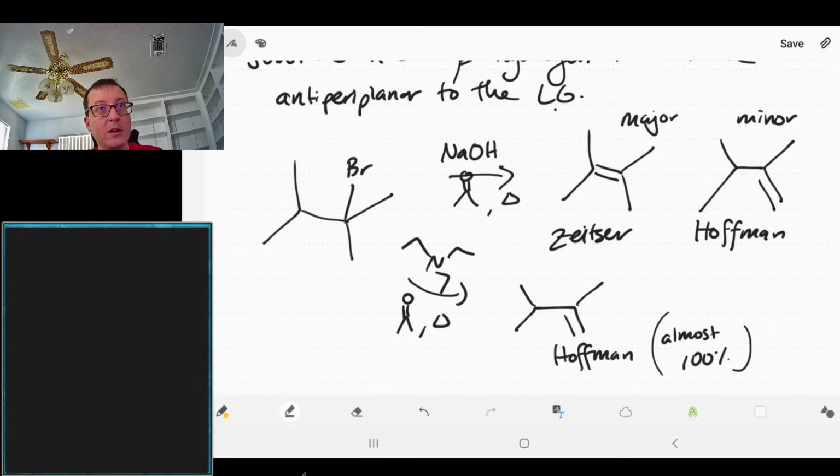Okay, so if you want Hofmann, use a bulky base. If you want Zaitsev, E1's probably better, but E2 will work. And you'll have it as your major product, so most of it will be there, but you will lose some to the Hofmann product. Alrighty.